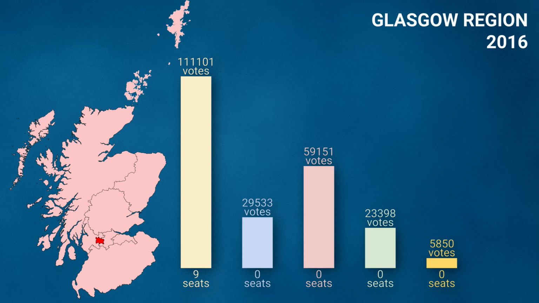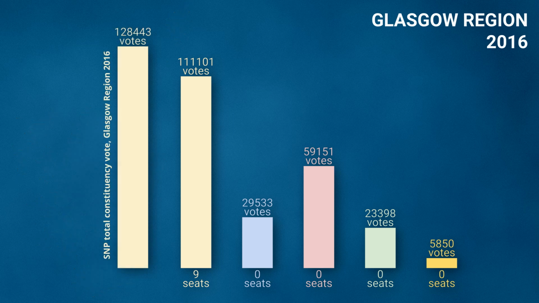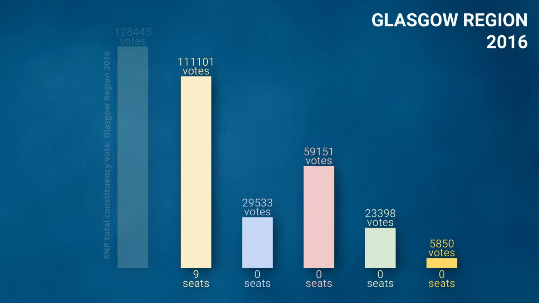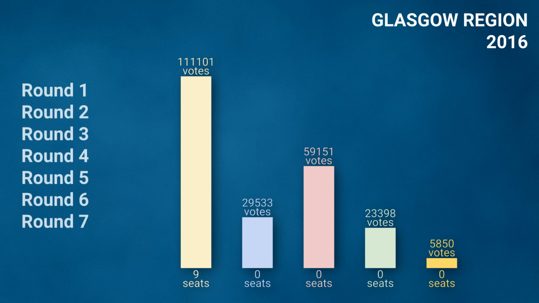Most SNP supporters also gave their regional votes to the party. In fact, the SNP regional vote represented over 86% of their constituency vote, giving them a massive lead over all the other parties. But, as we know, resounding wins in the constituencies will increase the regional vote divisor to punitive levels. Look at what actually happened in 2016.